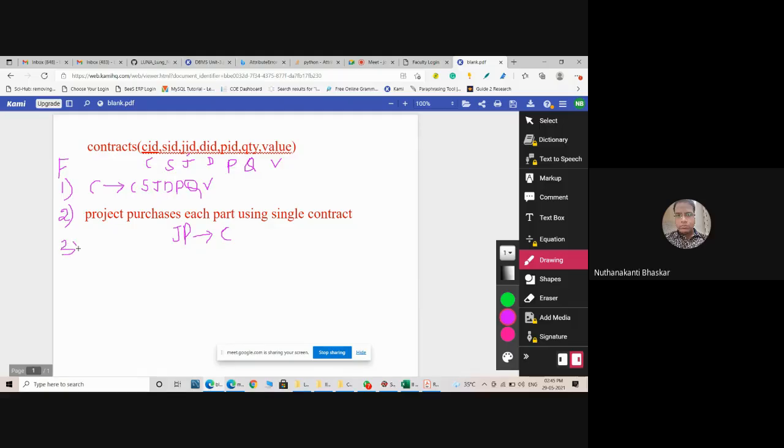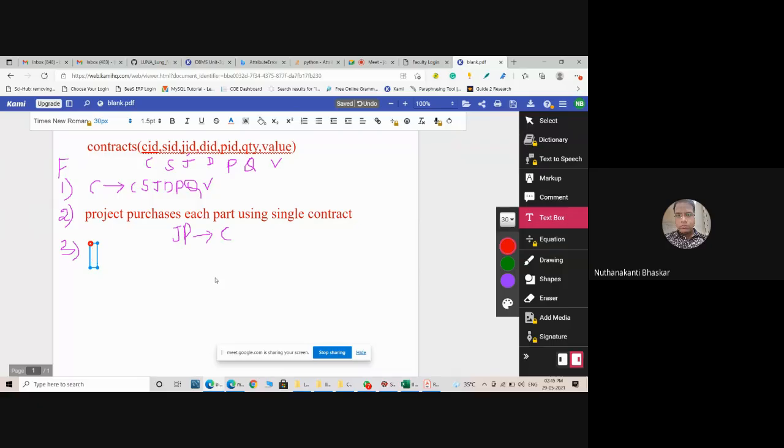Now coming to the third functional dependency. Department purchases at most one part from a supplier.